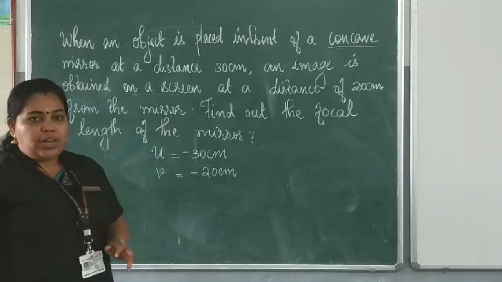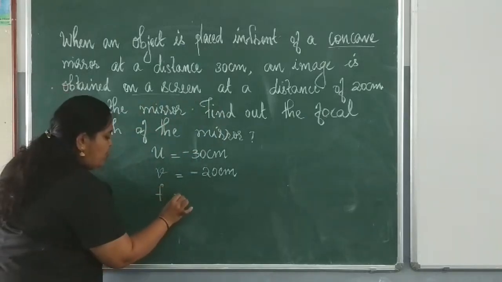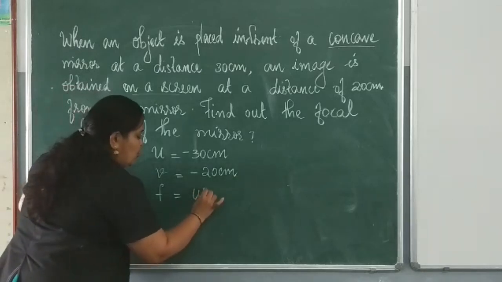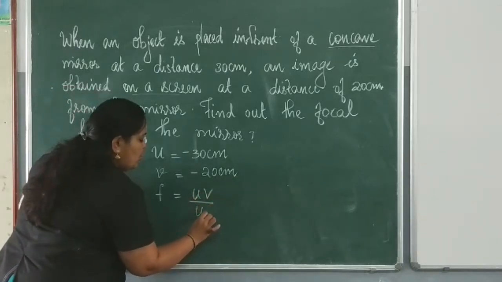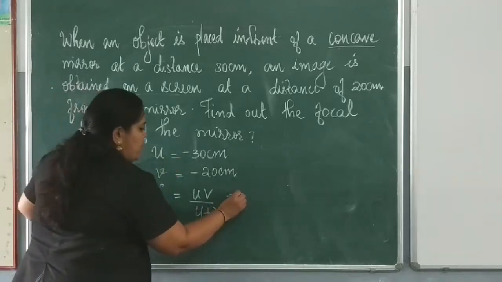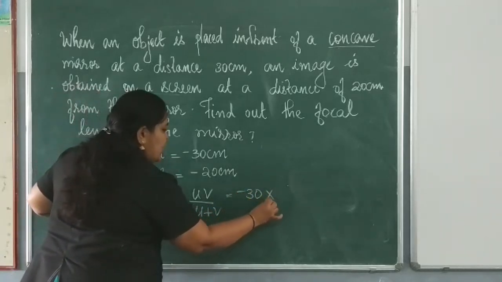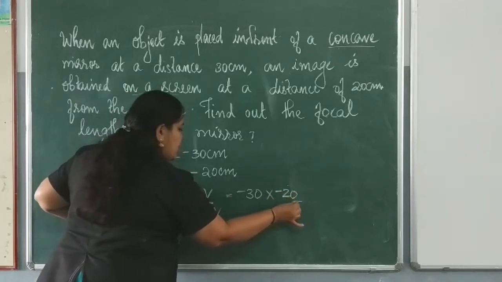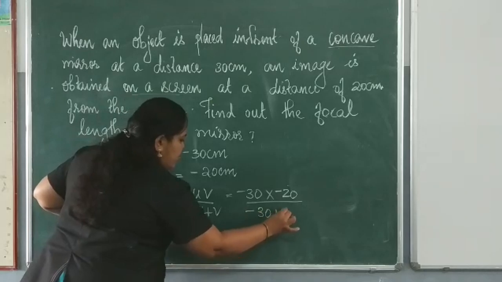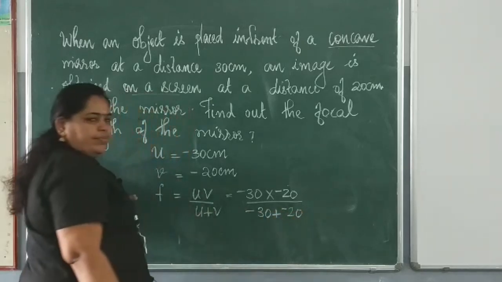Find out the focal length. What is the formula for finding the focal length? UV by U plus V. Okay, now substitute the values. Minus 30 into minus 20 divided by minus 30 plus minus 20.